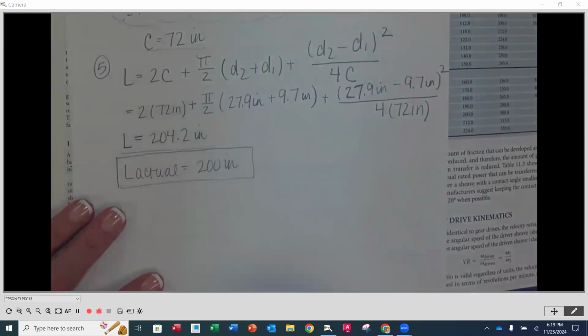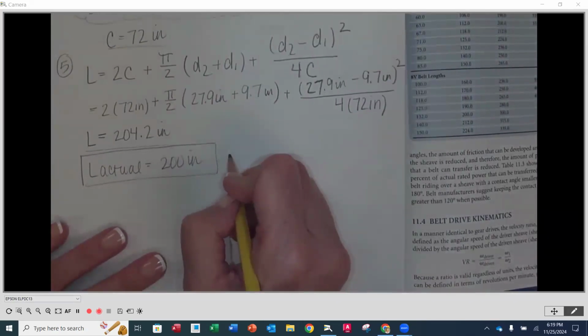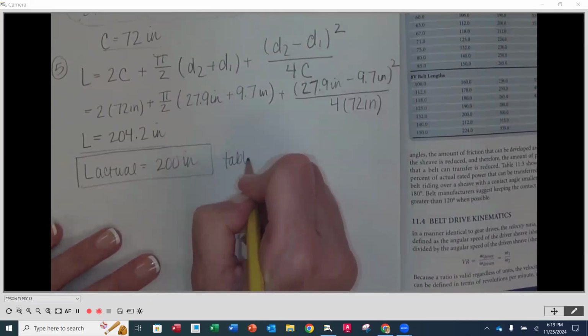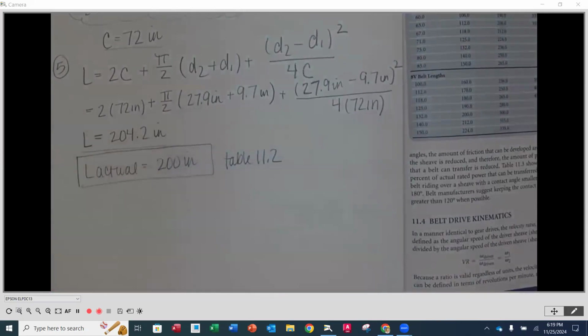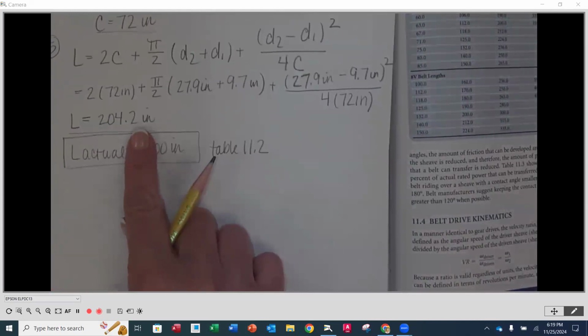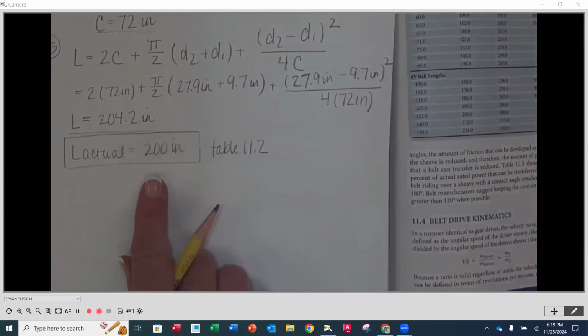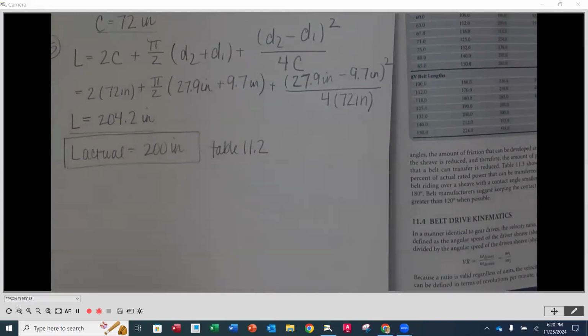This is a box, and this is going to be from table 11.2. So we picked a center distance to just kind of say this is about where we want it to be, okay? So if we want it right about there, what's the length that I need? So this was kind of like a trial length, and now we compared it back to what's commercially available, okay?